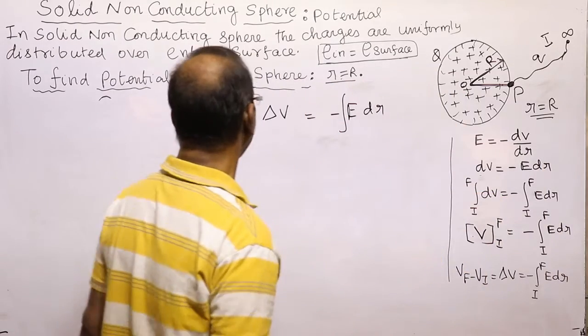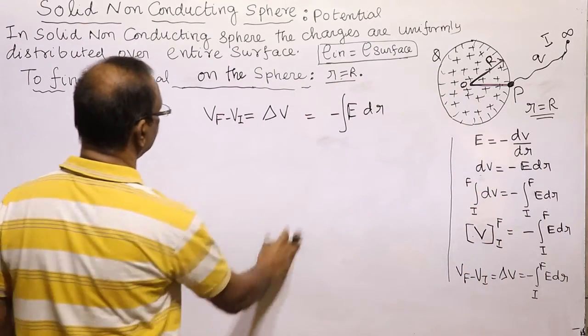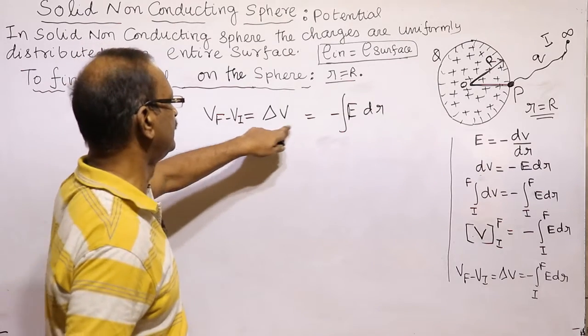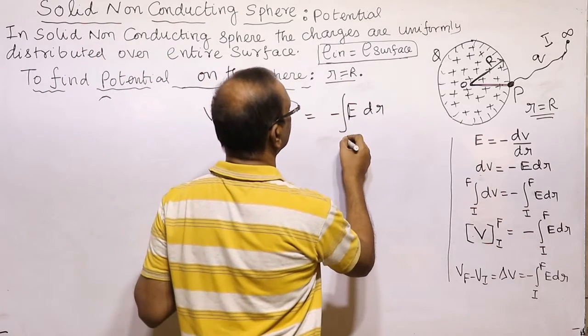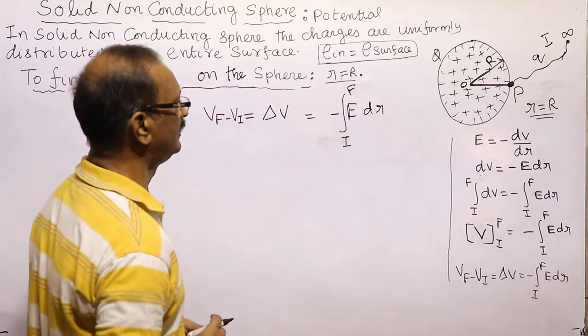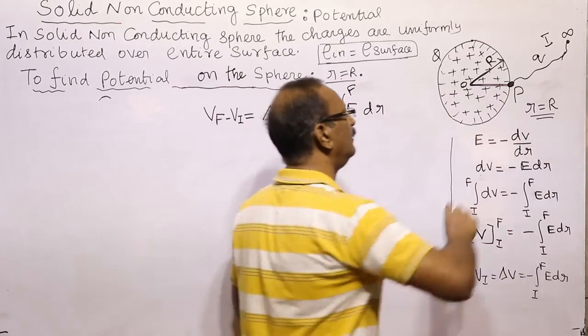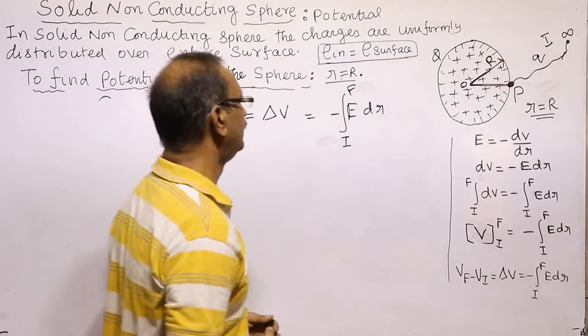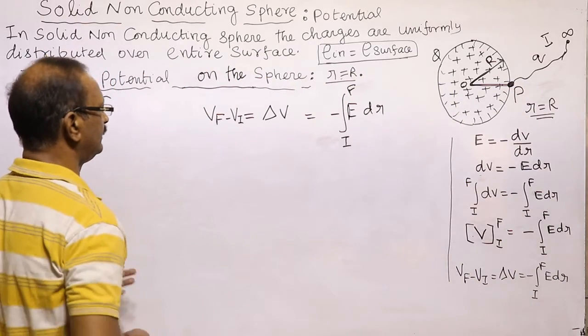We know this relation: change in potential is equal to final potential minus initial potential is equal to minus integral from initial condition to final condition, because it is a definite integral. Why definite integral? We are bringing the charge from infinity to a definite point. That's why we have to use definite integral mathematics.